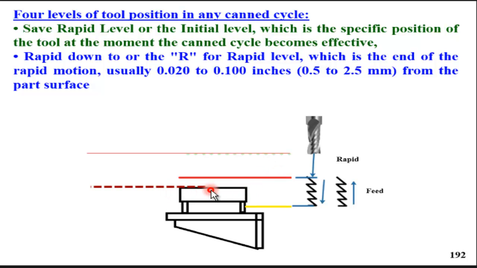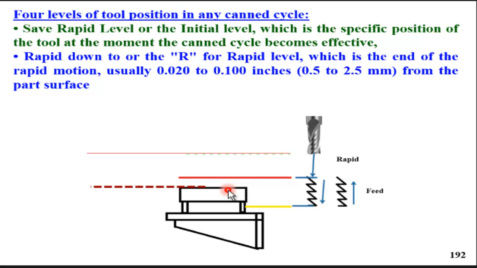A sort of clearance between the surface of the workpiece and the rapid level, with this amount, 0.5 to 2.5 millimeters. Why do we need this amount? We need this amount to provide a steady approach, so that when the cutter touches the workpiece it is already settled at its feed speed and feed rate.